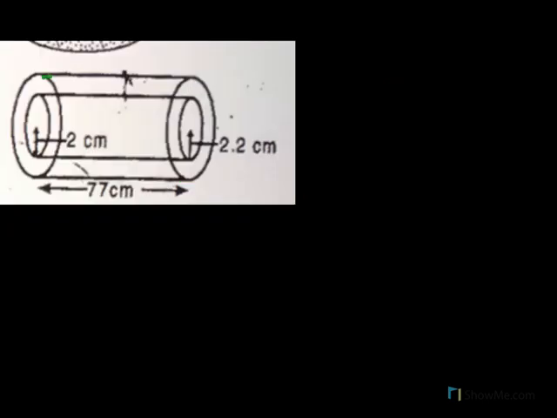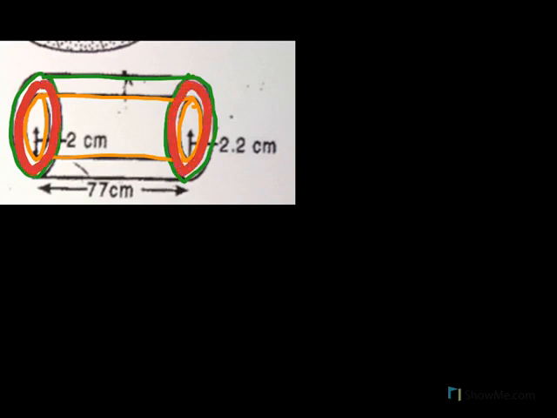Now when we go back to the pipe, we saw the pipe had three surfaces. One was this outer surface, the outer CSA. Then we had the inner CSA, this one. That's a second surface. And then we had the rings. So these three surfaces have to be added up. So let's get on with that. So we have the area of the pipe.